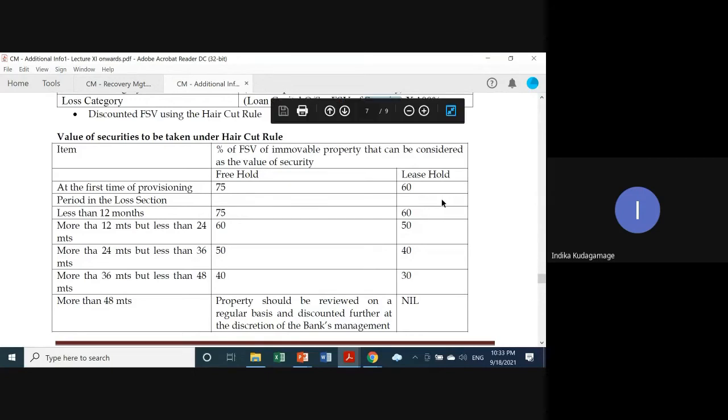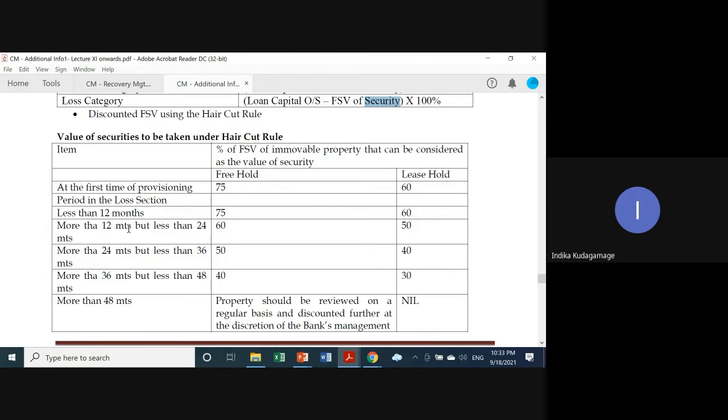If it is a leasehold, you discount this way. If it is freehold, you discount this way. This again depends on how long the customer is in loss category.